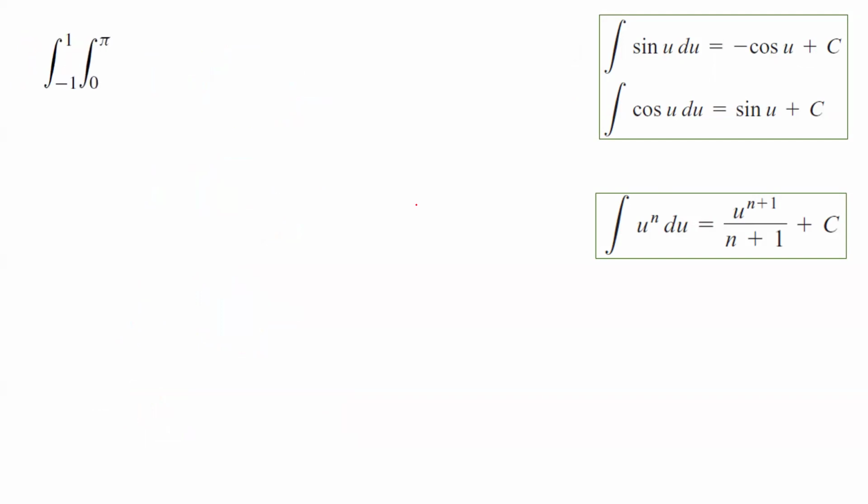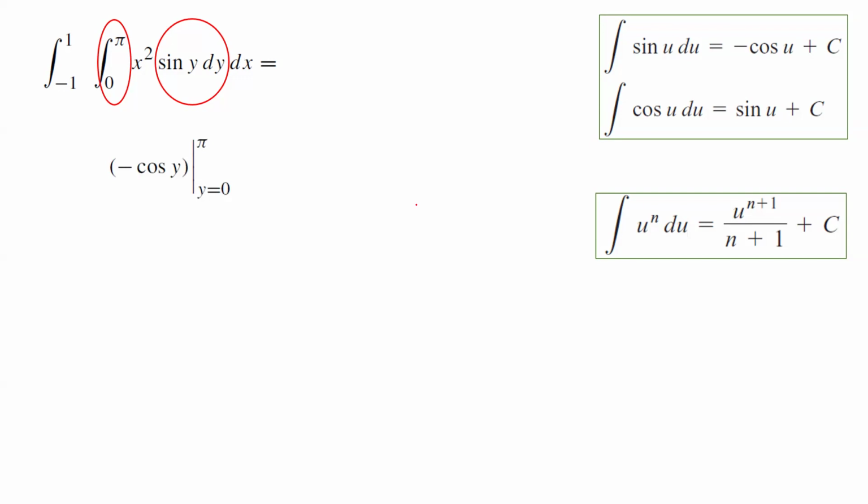In the next example, we have the iterated integral of x squared sine y dy dx. As you can see, the inner integral is with respect to y, and y is bounded between 0 to pi.